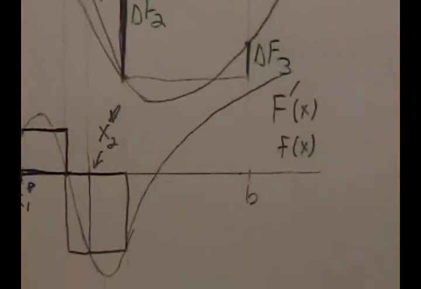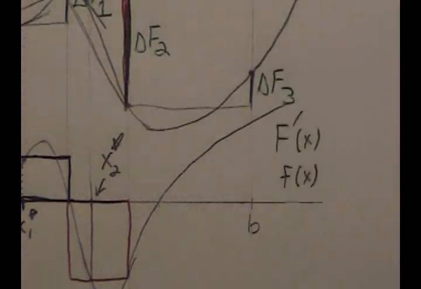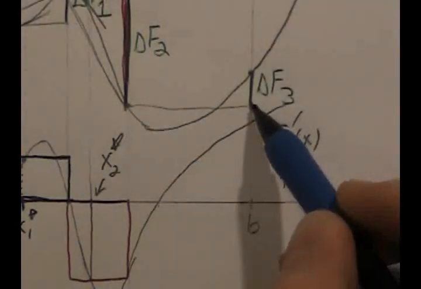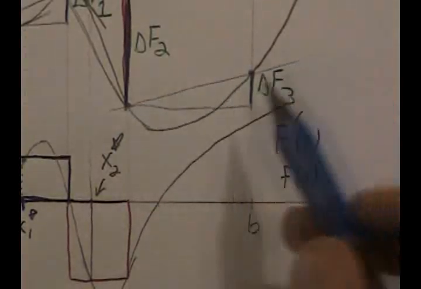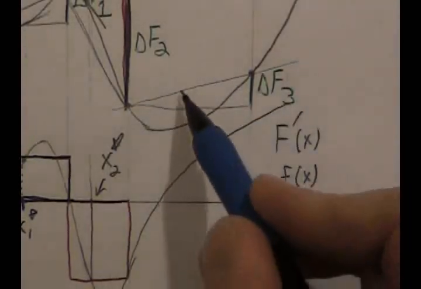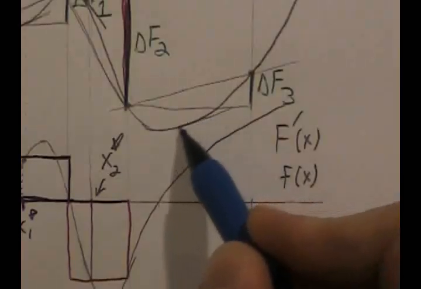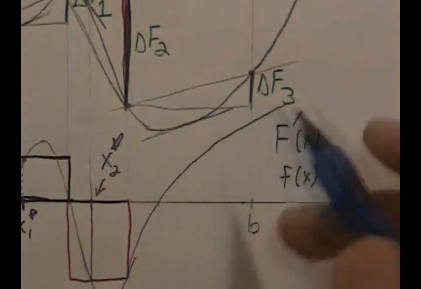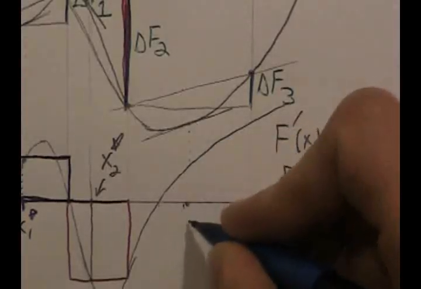If we can see it all right there, that would be good. For this last one here, the change in F is this green line again. We want to know where the tangent line is going to be parallel to the secant. In this case, it looks like it's right about here, guaranteed to exist by the mean value theorem. If I follow that down, I get right here.